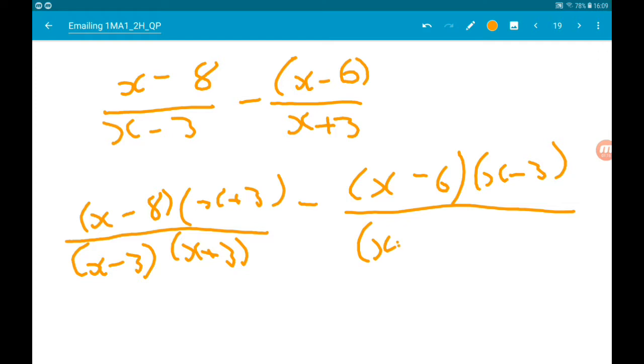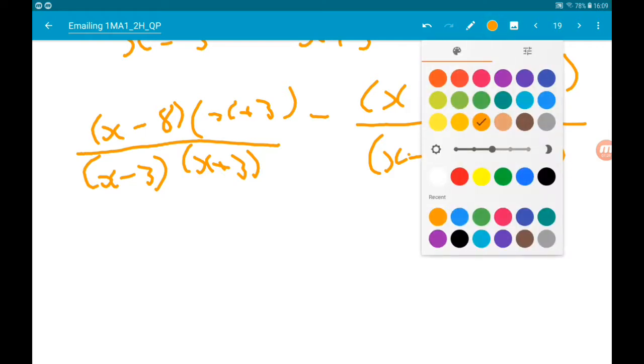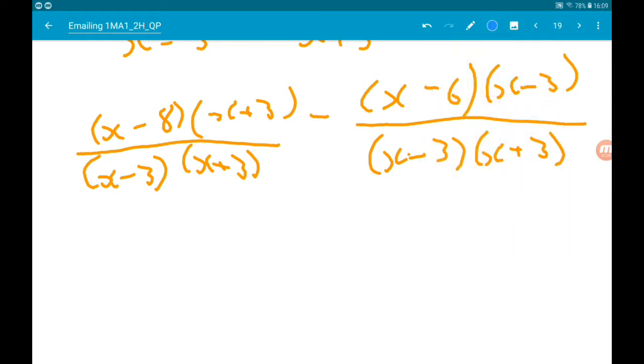Same thing. Okay, so now we have common denominators, we can write this all as one fraction. So now we're going to expand the tops of the fractions.